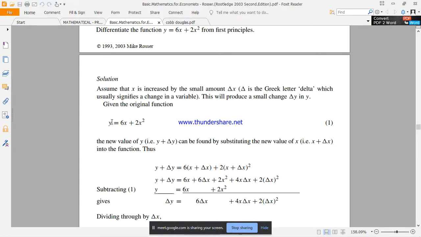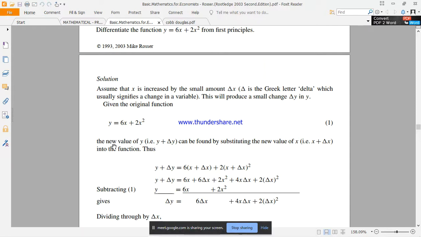We want to find out what the change in consumption is, because y is the dependent variable here. So the question is, what is the change in consumption if we increase income by a very small amount? That is what we're talking about here.